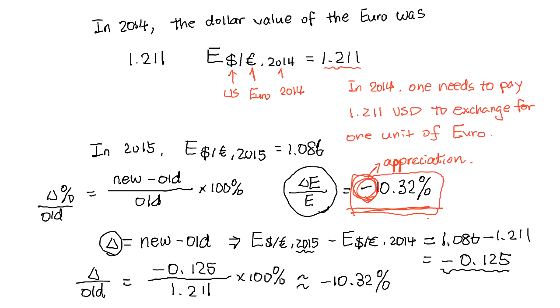Okay, so this is the appreciation rate of the US dollar between 2014 and 2015, because the value of the exchange rate moved from 1.211 to 1.086, right? We know that when the number decreases, the value of the currency appreciates.